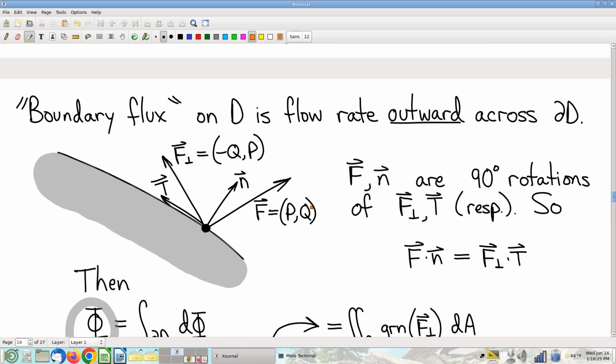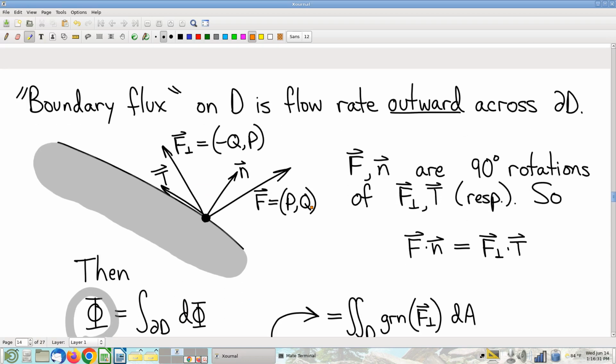Okay. So now here's a related question. Suppose you have not just a curve, but a boundary. So now I'm going to draw a quick example of a boundary and then point out that I need to focus on just a piece of it. So here is a boundary. That curve there is the boundary of this region.